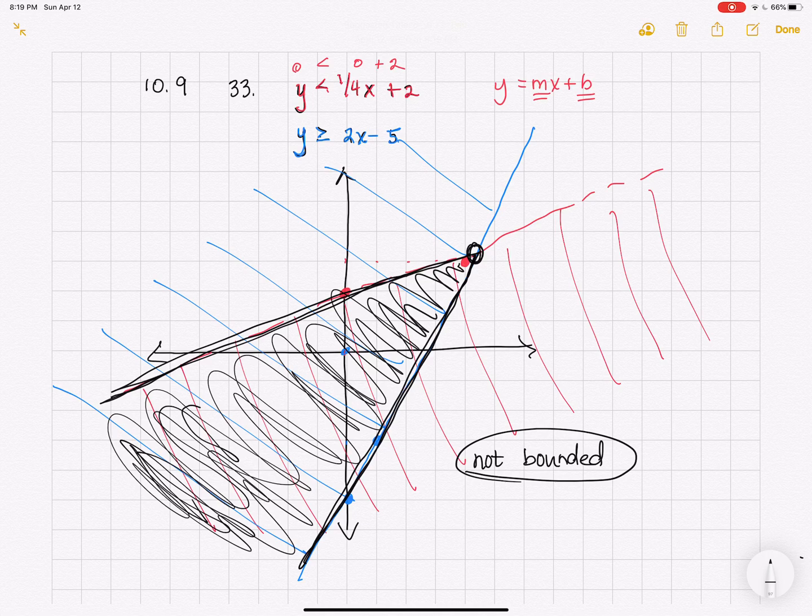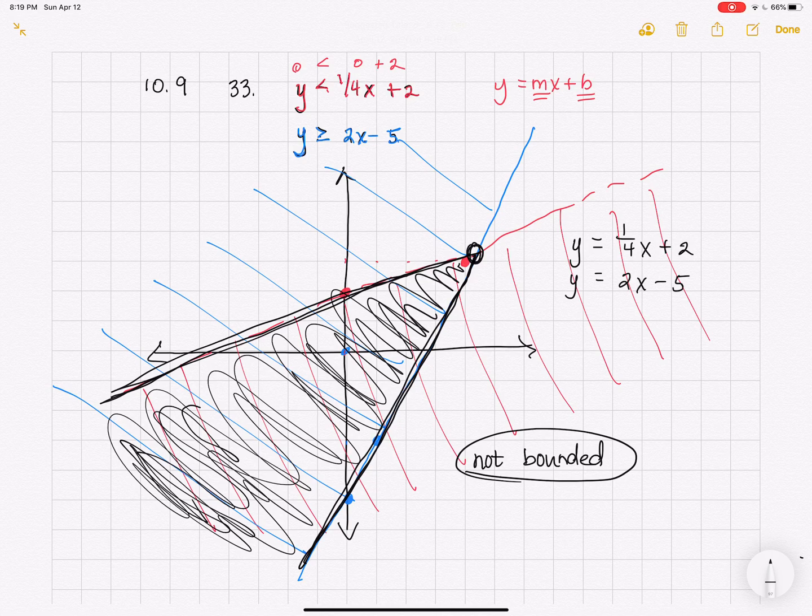So I'm looking to see where this blue line and this red line intersect. And if you have problems just looking at that and trying to see what that is, you might glance at it and go, well, I know what that is. But if it's in between whole numbers, then you're going to have to set up your system of equations and actually find where they intersect.